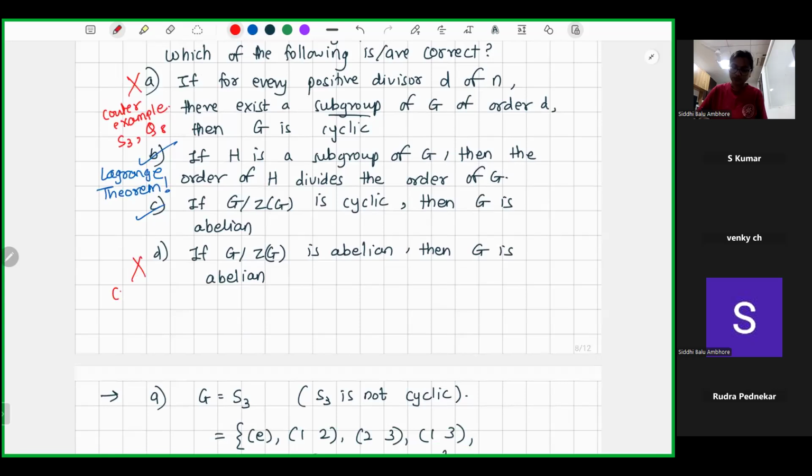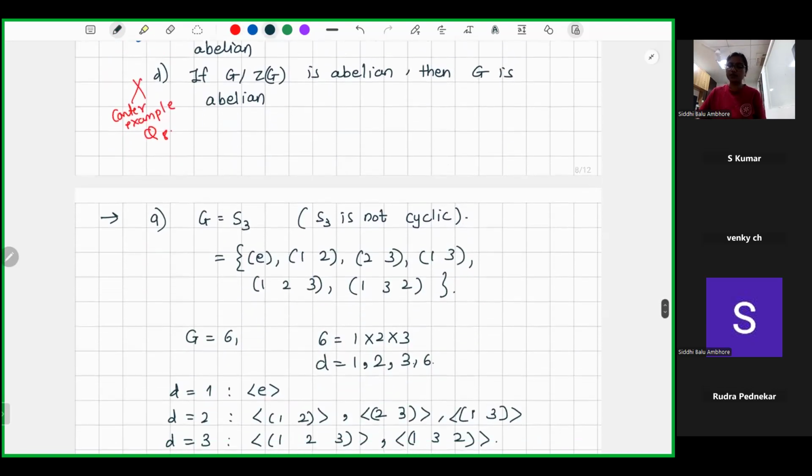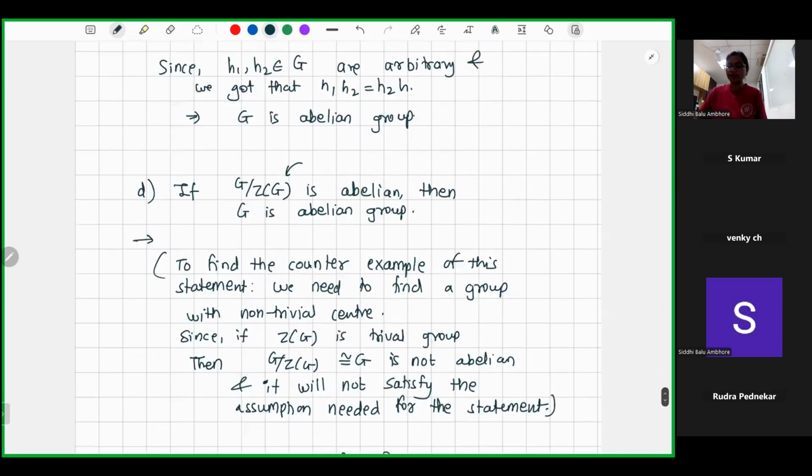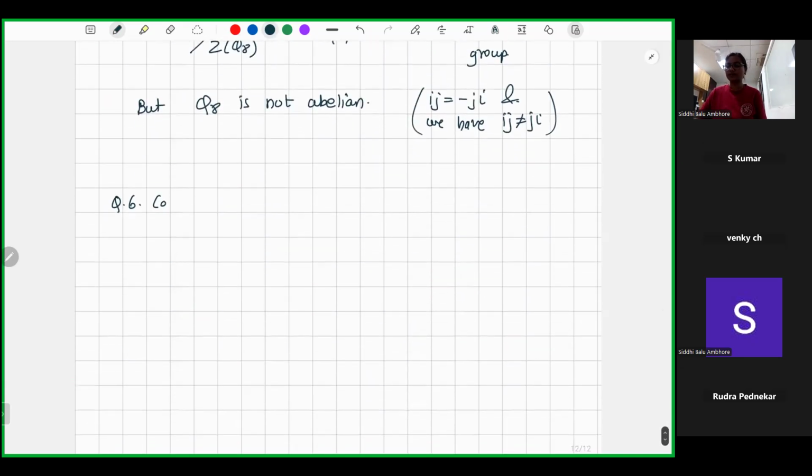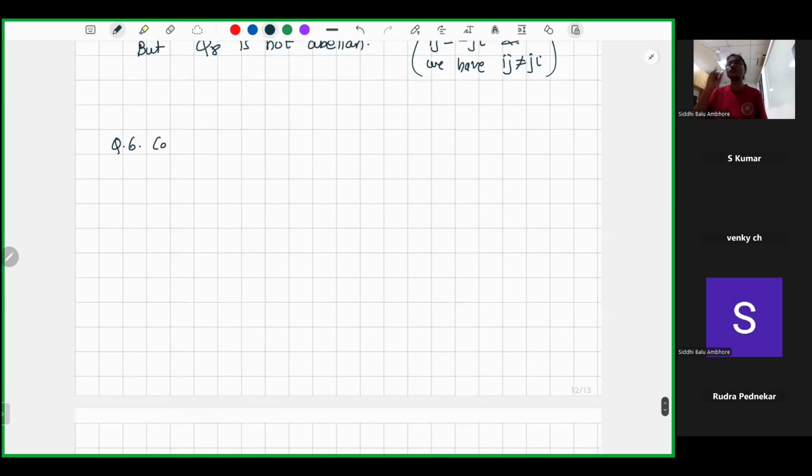We give a counterexample. See, in many examples or questions which we solved today, Q8 was a counterexample which we used. So try to remember this group if you are giving an exam or, in general, when you solve assignments and whenever you study groups.